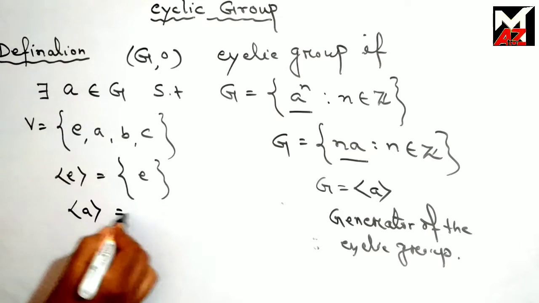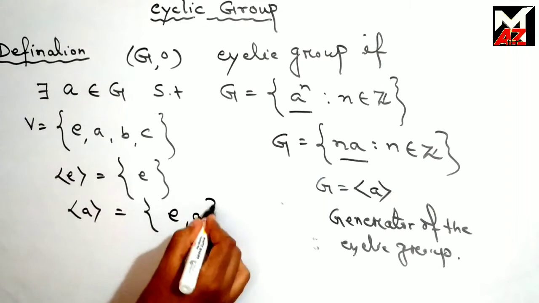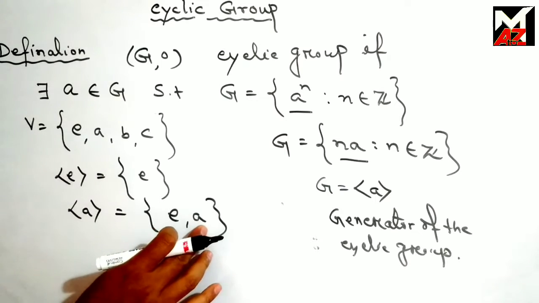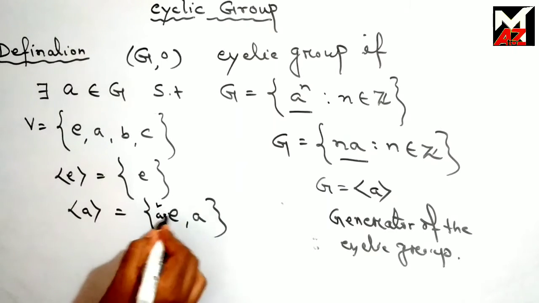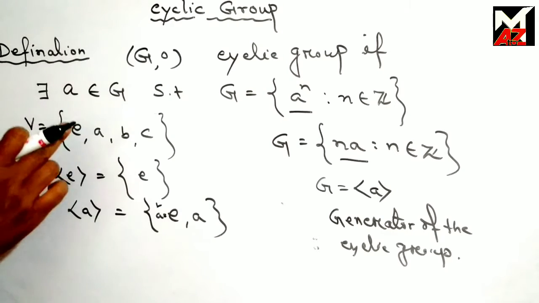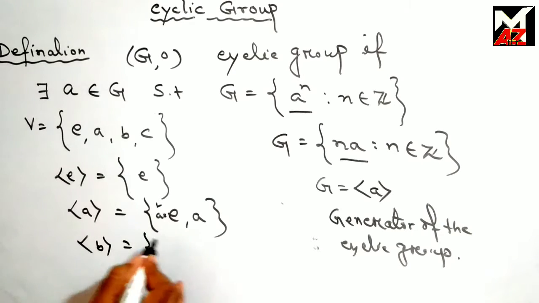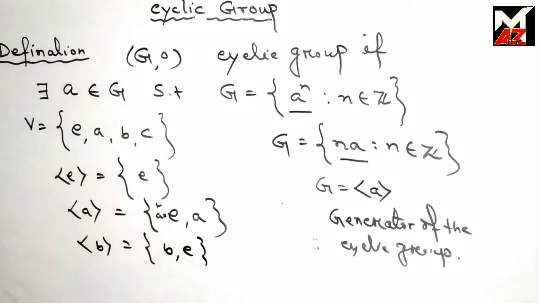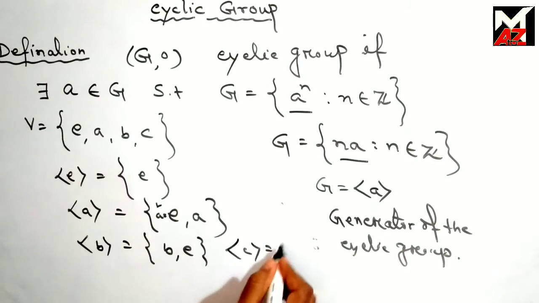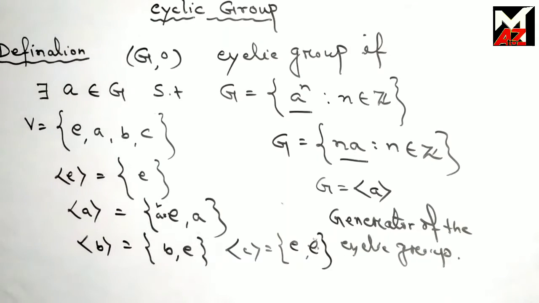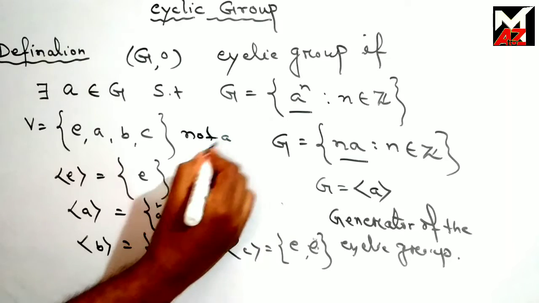If we generate a, we get e and a, because the first element is a and the second element is a square, and this is e, from the property of Klein's 4 group. Similarly, if we generate b, then we get b and e, and if we generate c, then we get c and e. So there is no element which can generate V. So we say that V is not a cyclic group.